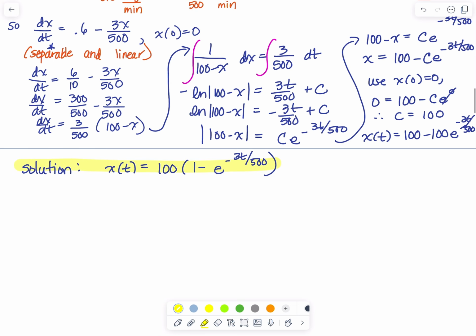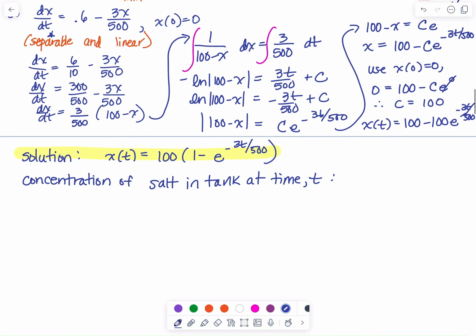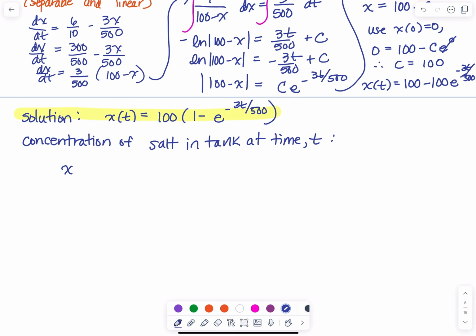And we actually can say that this solution will give us the concentration of the salt in the tank at time t. And that will be if we take x of t and divide it by 1,000 liters.